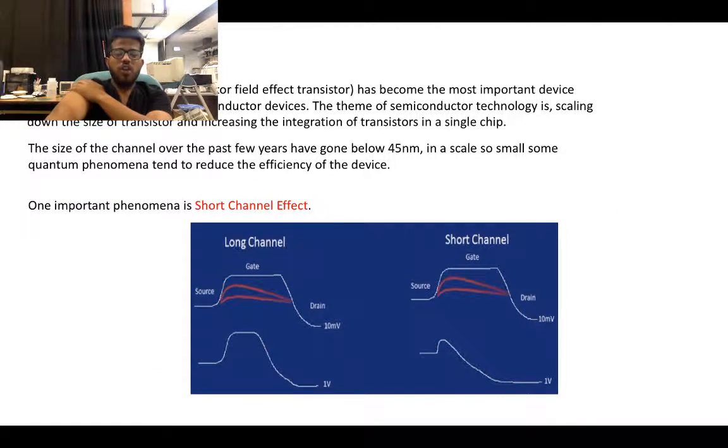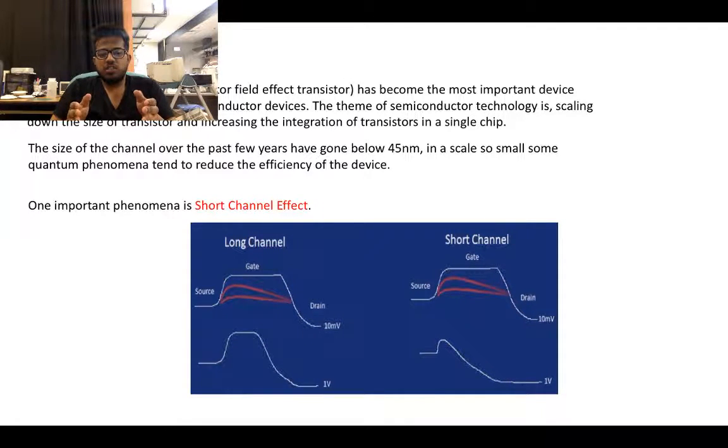So why do we actually need a carbon nanotube based FET? Metal oxide devices have been extensively used for storage purposes and as a switch also, but they have limitations over size and over squeezing them on a chip.